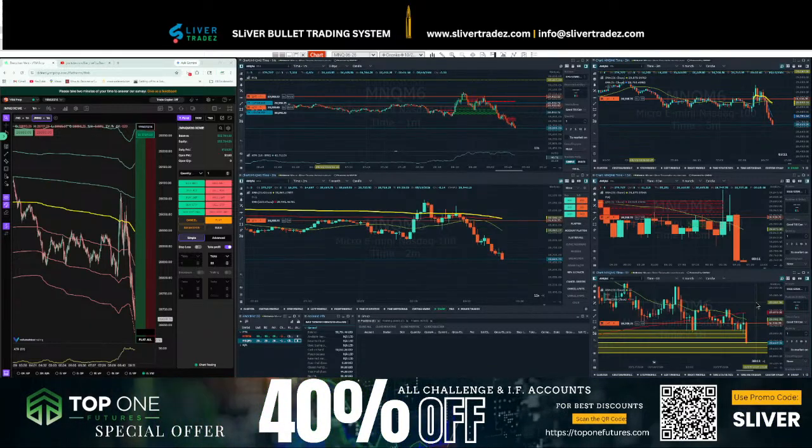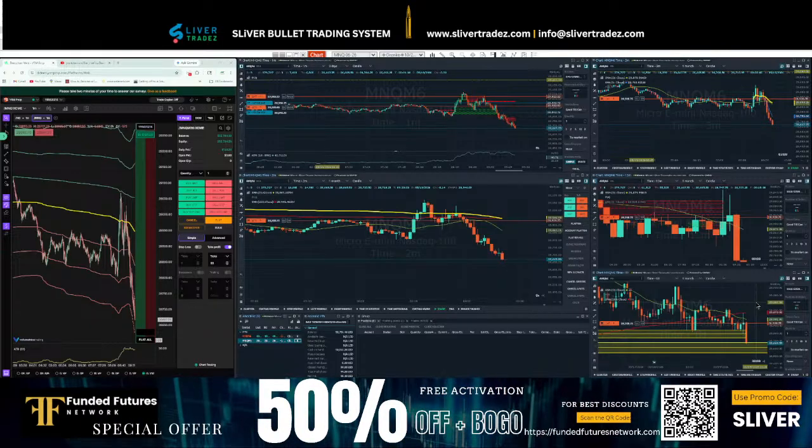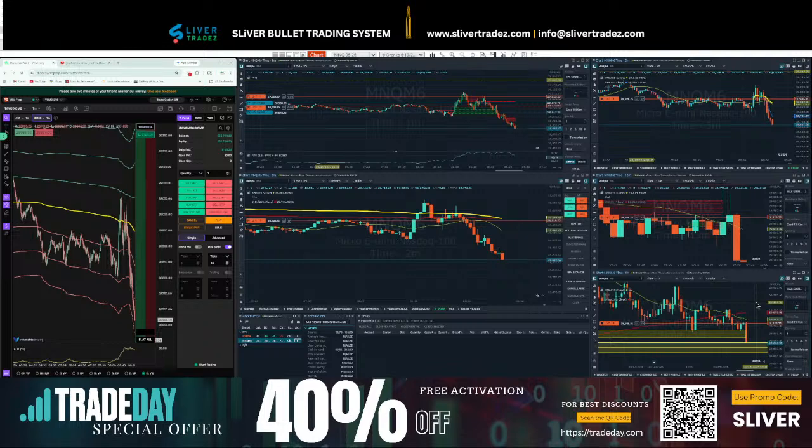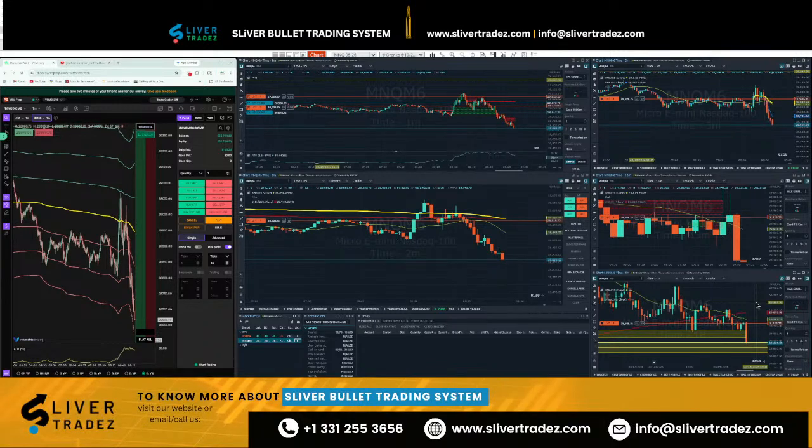The market is at the order block level now. Wants to grab all the liquidity it can.